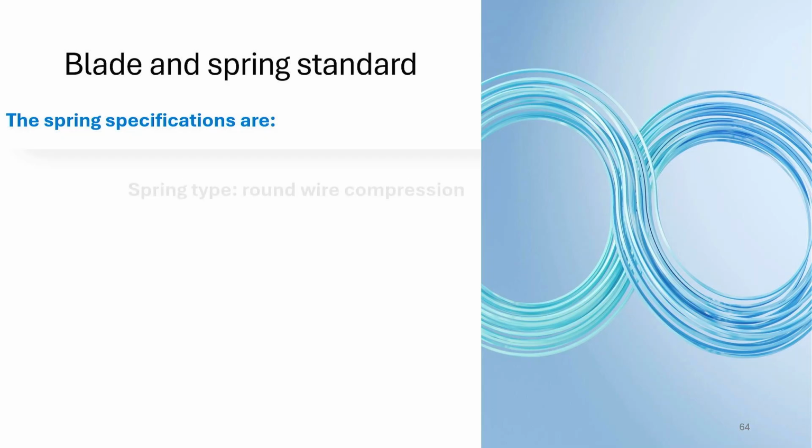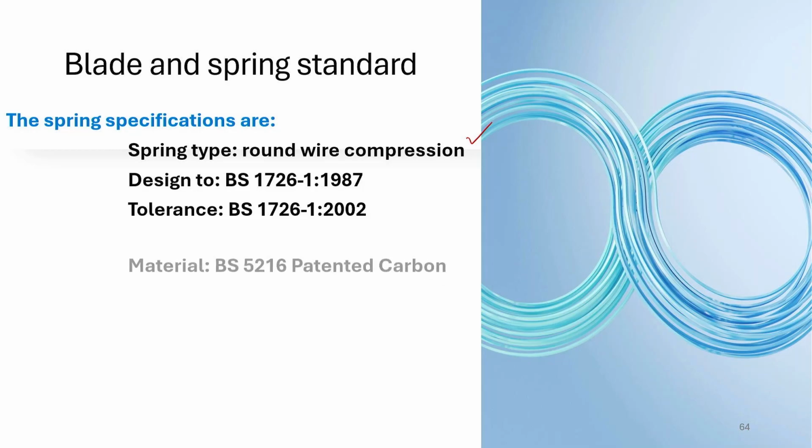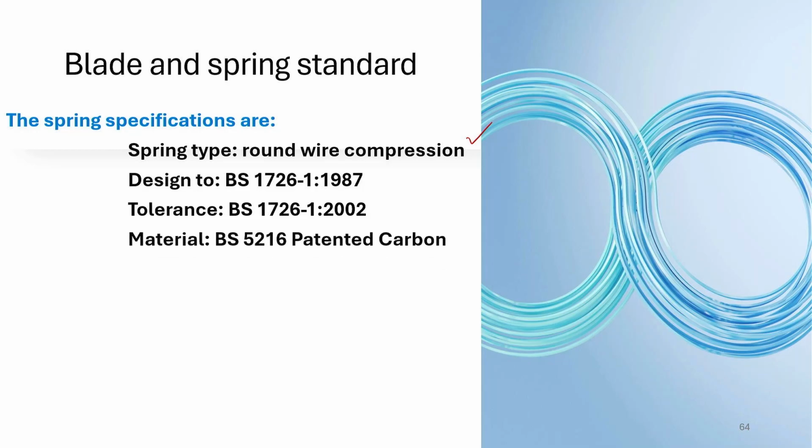The spring specifications are: spring type is round wire compression, designed to BS 1726 1987, tolerance as per the BS standard, material as per the BS standard, patented carbon steel, and ends closed and ground.